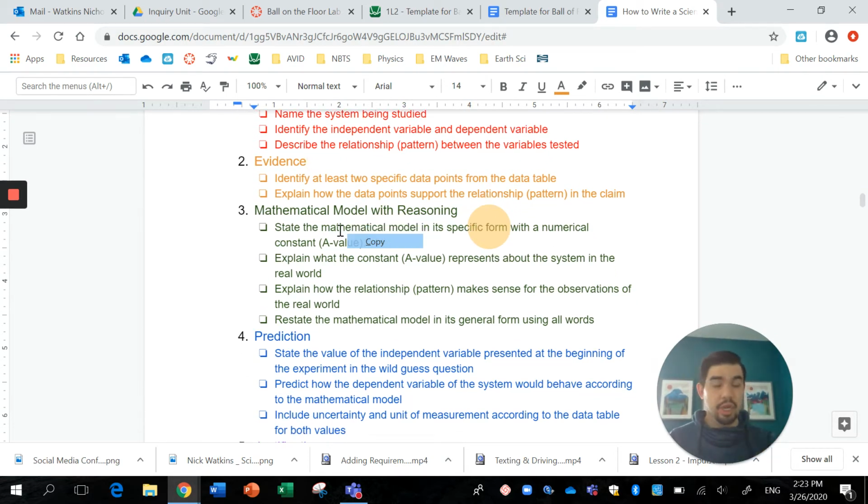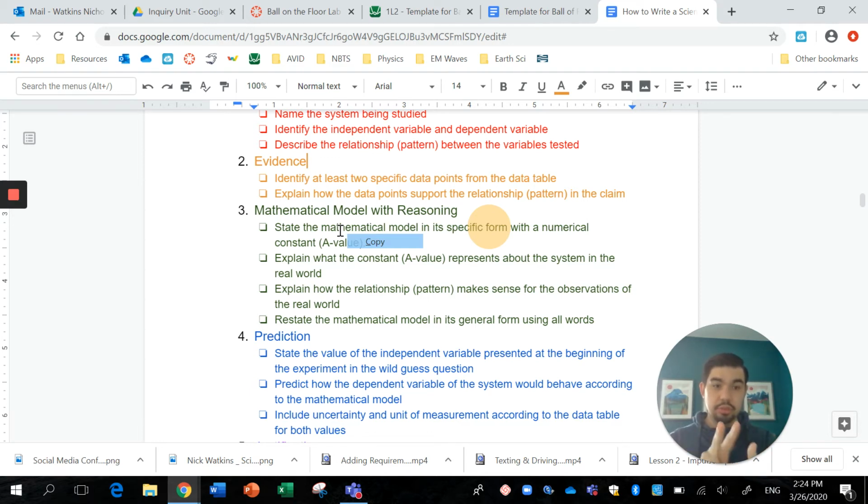Evidence: you can do a couple of things. You're trying to provide evidence that your data shows a certain pattern, that it's horizontal, linear, etc. So you can take two different data points from your data set. If you remember, we have some patterns that these relationships follow. With a proportional pattern, when X doubles, Y doubles.